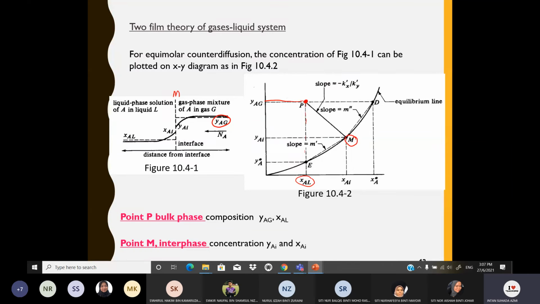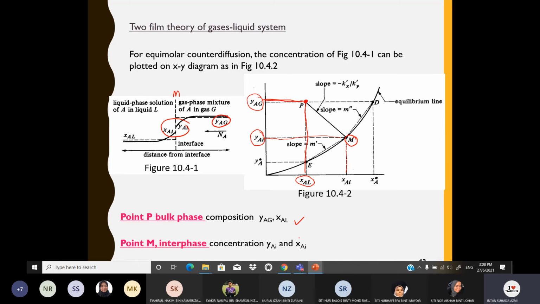At the interface, you will have XAI, and if you go to the left, you will have YAI. So point P is your bulk phase, with composition YAG and XAL.